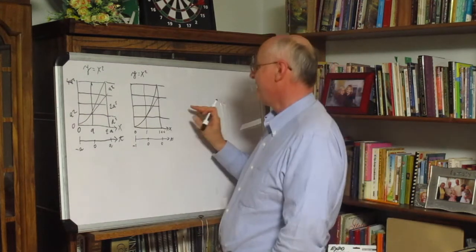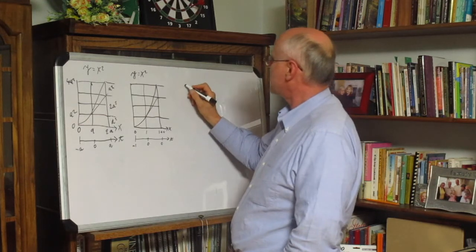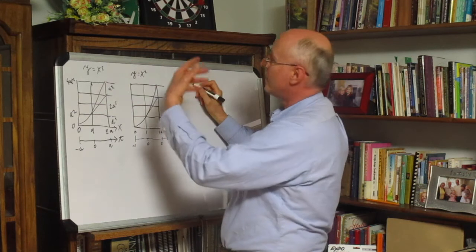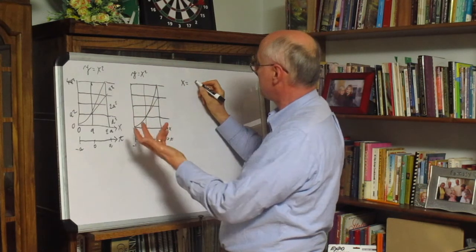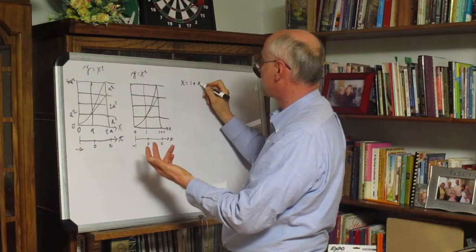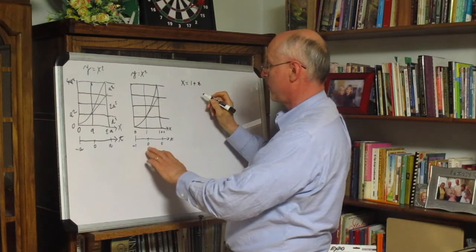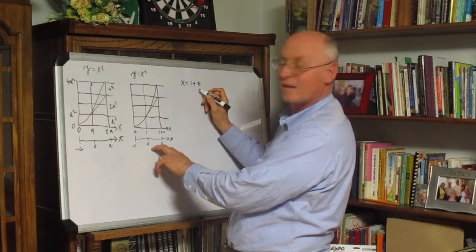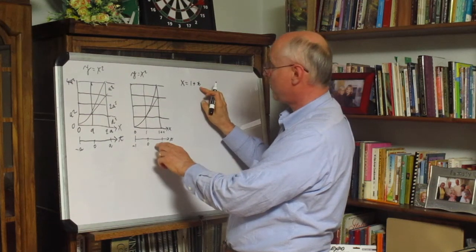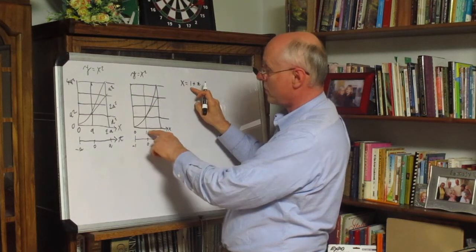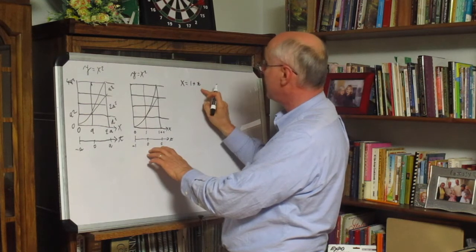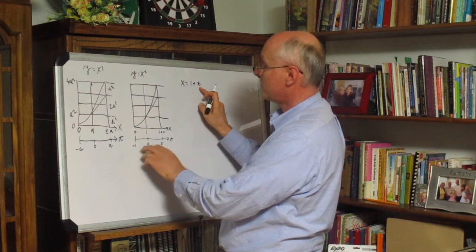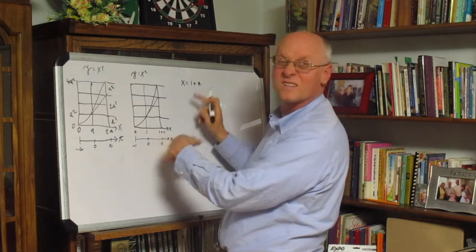Okay, so x is equal to 1 plus t. You see this? This is the setup that we're using. When t equals 0, x is equal to 1. When t equals c, x is equal to 1 plus c. When t equals minus 1, x is equal to 0. So it all adds up.